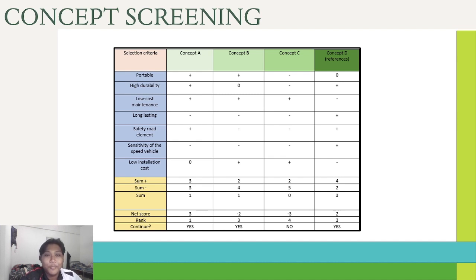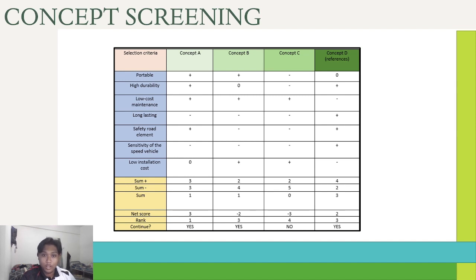In the selection criteria, we have choices from the customer needs based on time, cost, and environmental sustainability. Let's go to the plus sign, negative sign, or zero. Okay, the plus sign in this concept screening means better than.